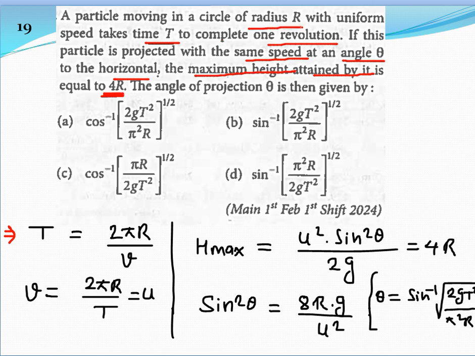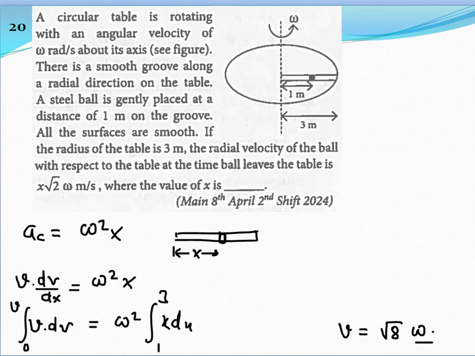Here they have already written that the radius is r. So 4 times the r. The angle of projection theta is then given by. It means the velocity v equals 2 pi r by t, which will be the velocity of projection in this case. So H max is u square sin square theta by 2g, and it is given 4r. Just calculating sin square theta, putting the value of u from here and arranging it, you will get the answer, option number B. Come to the next question.